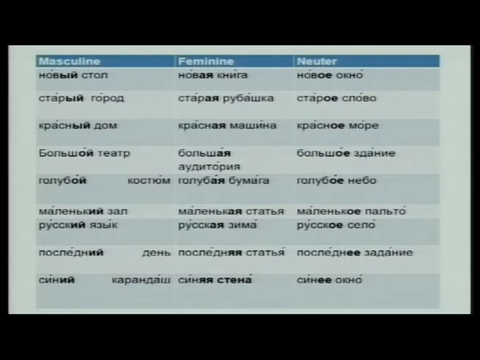Русский язык, Russian language. Русская зима, Russian winter. Русское село, Russian village. And последний день, the next day, последняя статья, next article, последнее задание, next task, and at the end we have синий карандаш, blue pencil, синяя стена, blue wall, and синее окно, blue window.